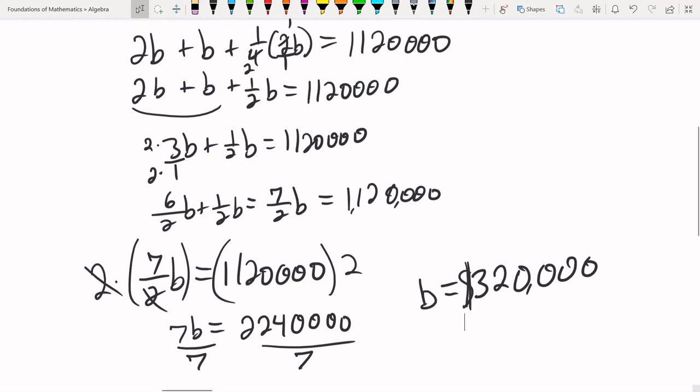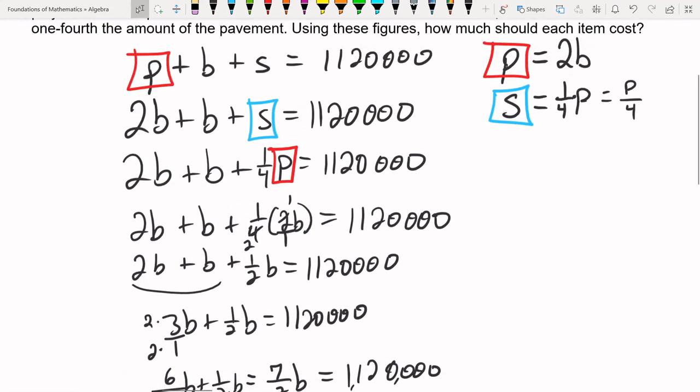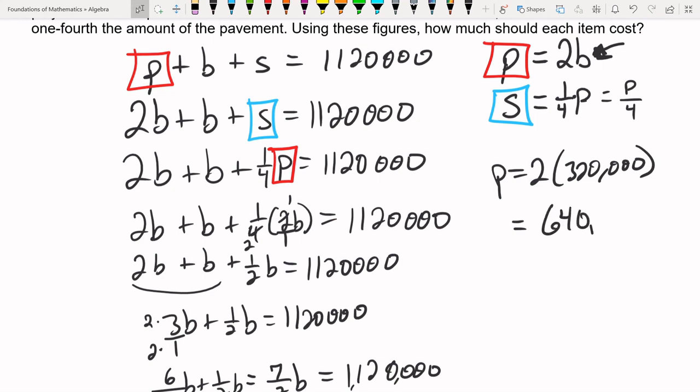Okay, if B equals 320,000, then this B here equals 320,000. So P equals 2 times $320,000, which means P equals $640,000. That's for the pavement material because I know P references the pavement.